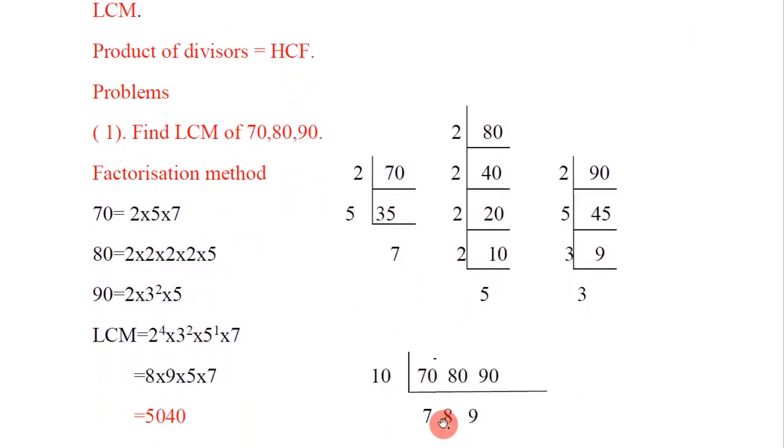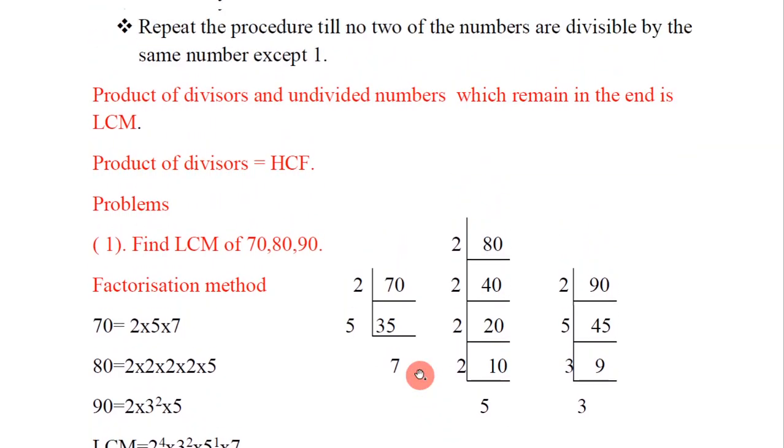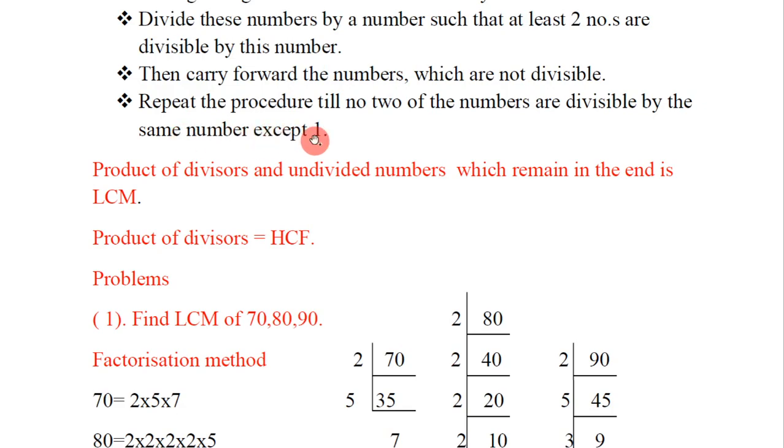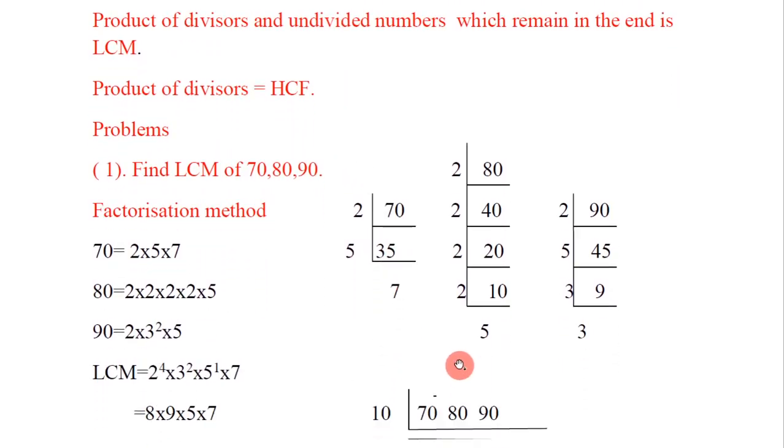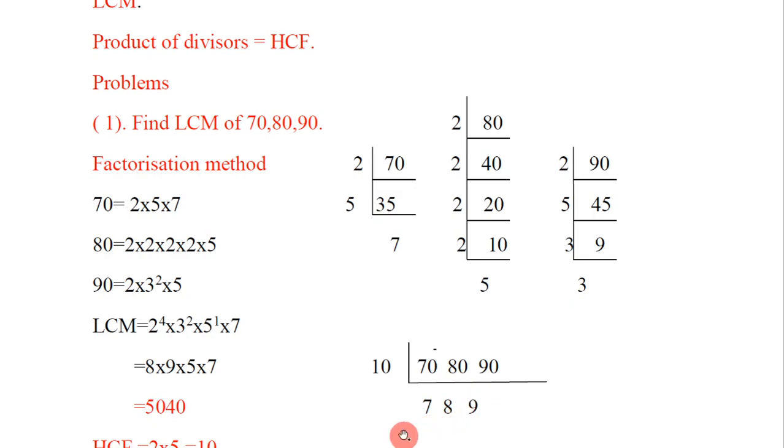Suppose any number is not divisible by 10 here. Suppose this number is 77. You write 77 as it is. Just carry forward it. So then in the next step, repeat the procedure till no 2 of the numbers are divisible by the same number except 1. That means we have to continue this process if there are common divisors. Here 7, 8, 9.